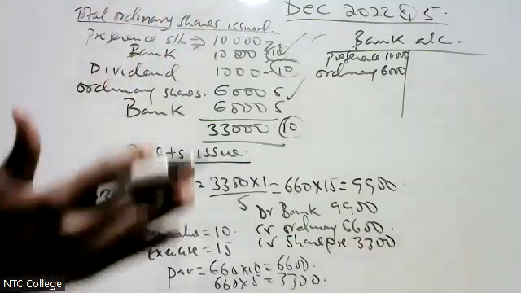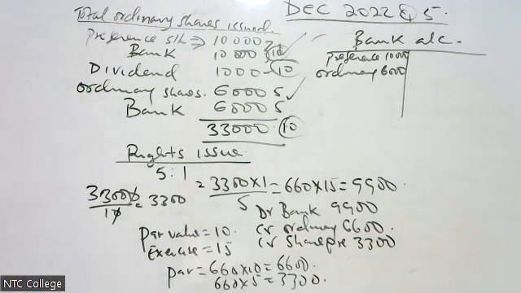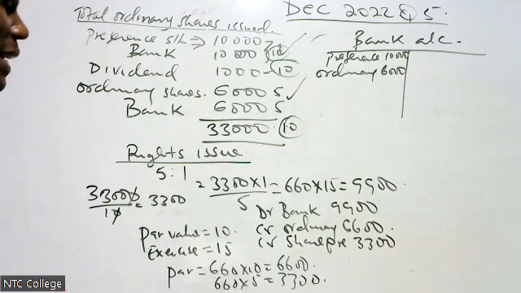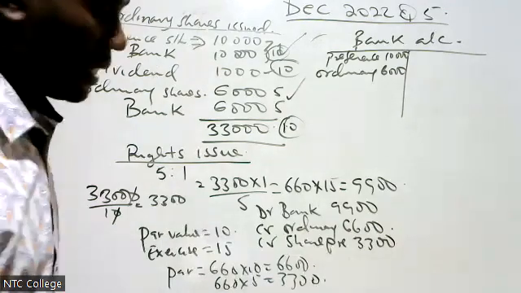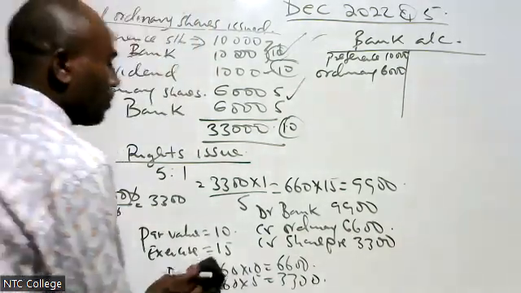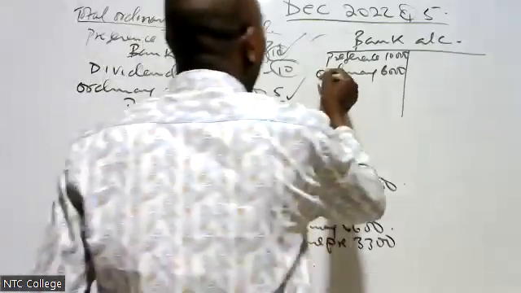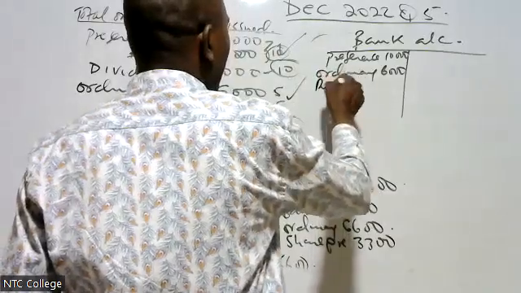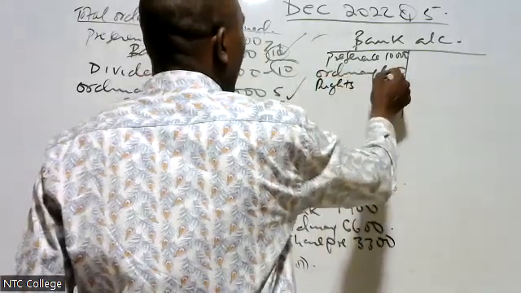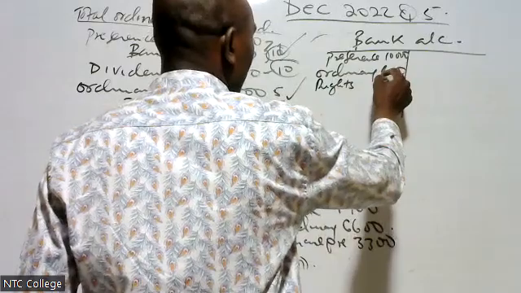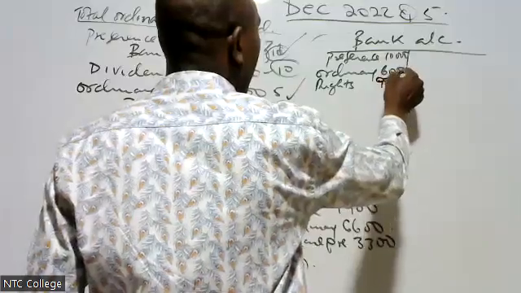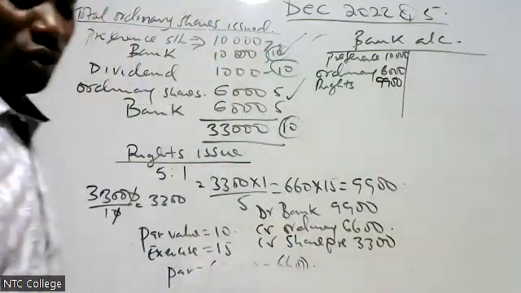Anything above the par value is a share premium. Therefore, in my bank account, I say rights issue is 999. That's the rights issue.